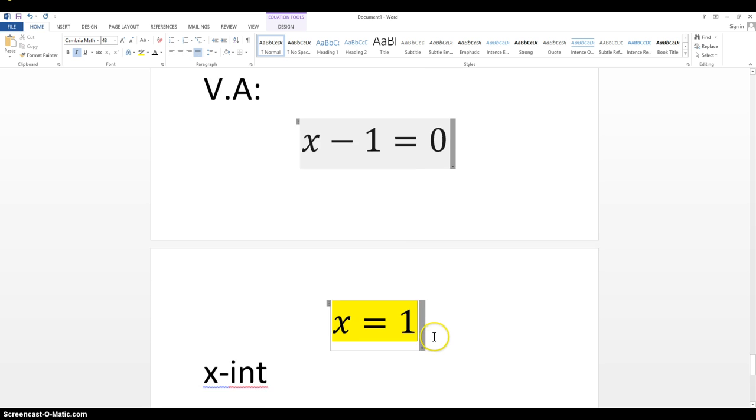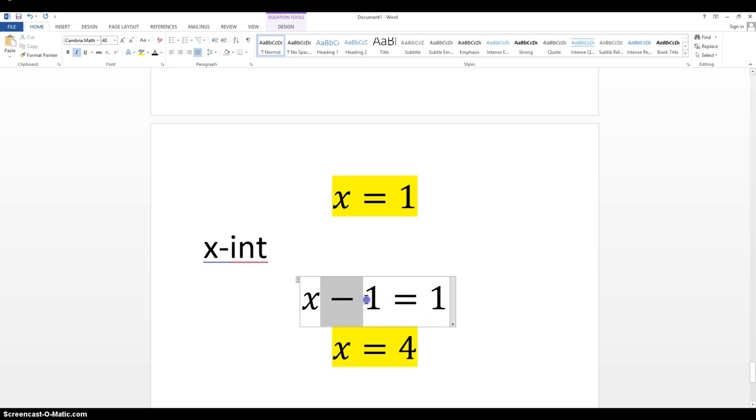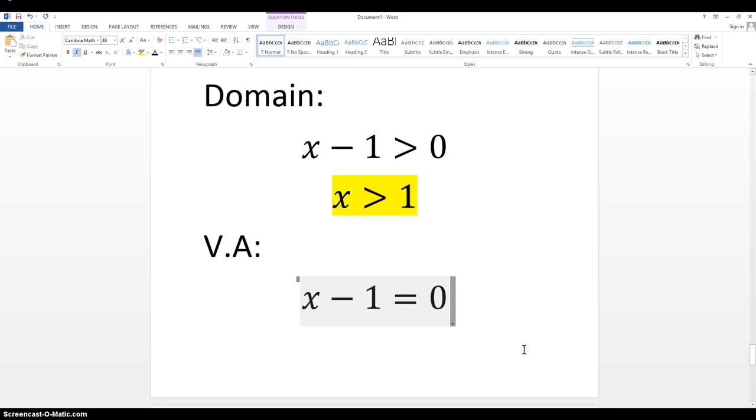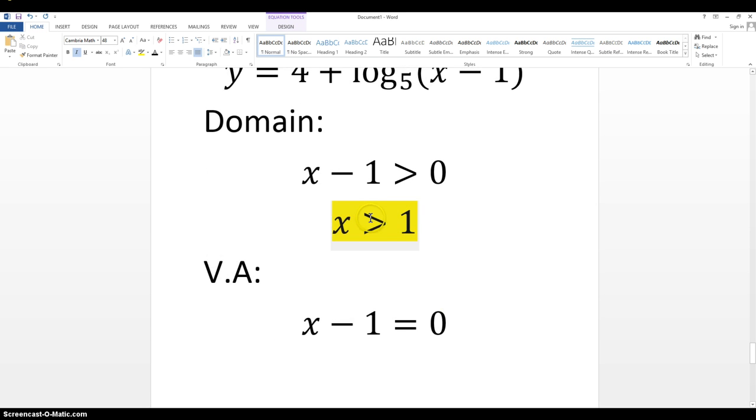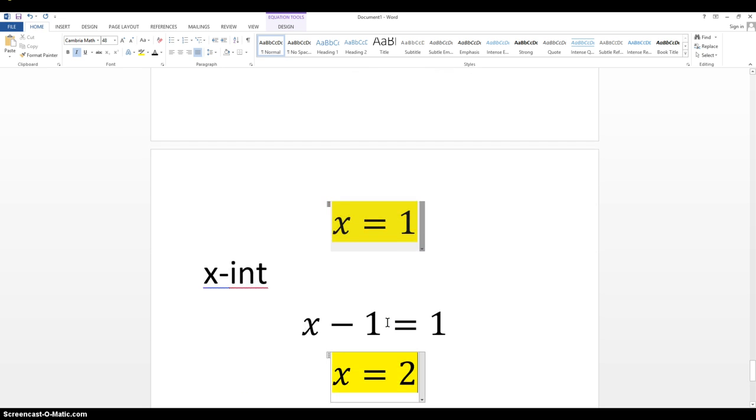And finally, to get your x-intercept, you say x minus 1 is equal to 1. You get rid of that negative 1 by adding 1 to both sides. So you get 1 plus 1, which is 2. So your x-intercept is x equals 2. Again, x is greater than 1 for your domain, x is equal to 1 for your vertical asymptote, and x-intercept is equal to 2.